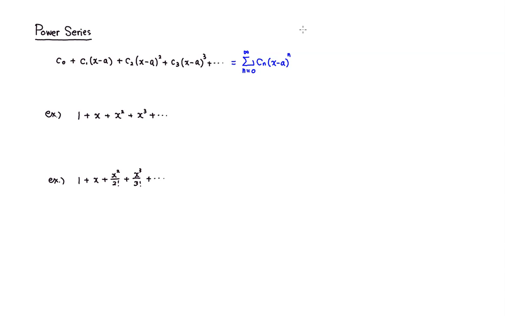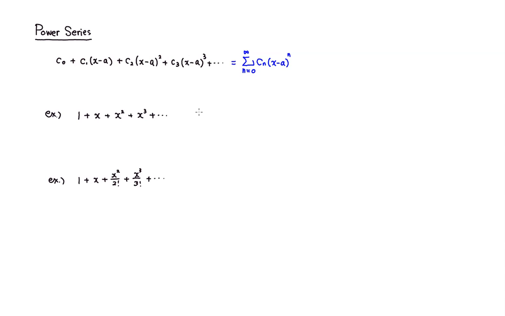So let's look at a couple of examples of a power series which turn out to be a function that we are familiar with. Let's say you have 1 plus x plus x squared plus x cubed, and so on.